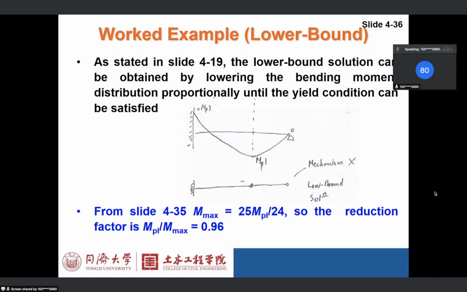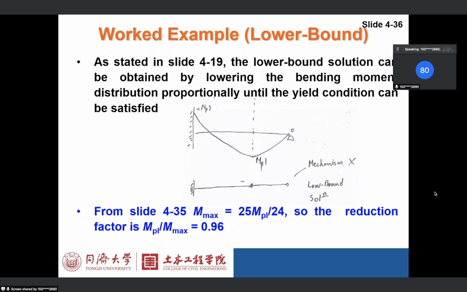I think you will get a very small range, very close lower bound and upper bound solutions. So it's up to you. You could repeat everything again by changing a little bit the location of the plastic hinge.